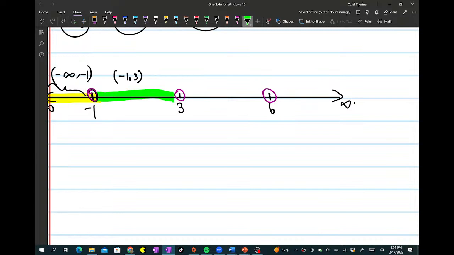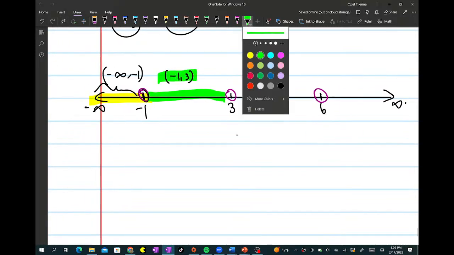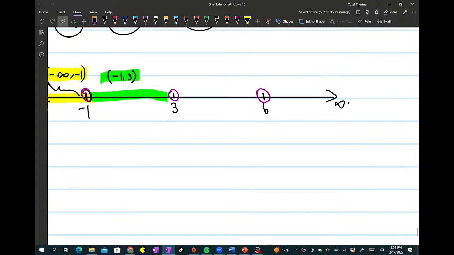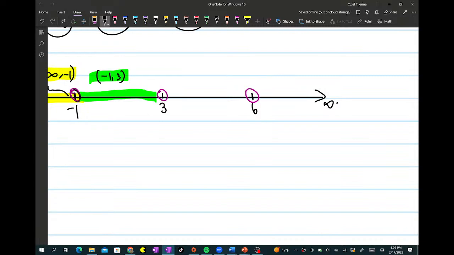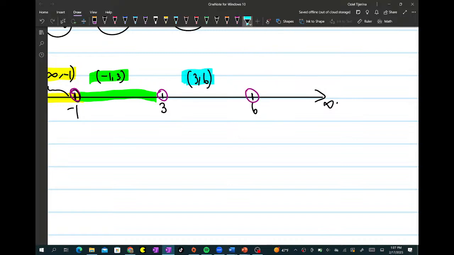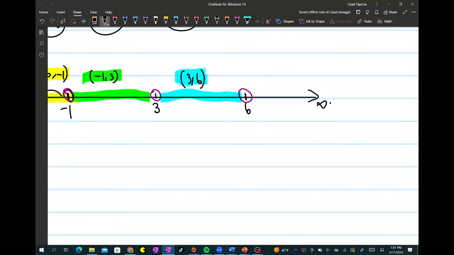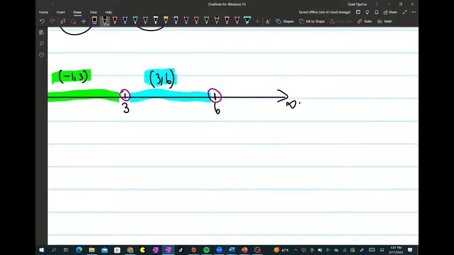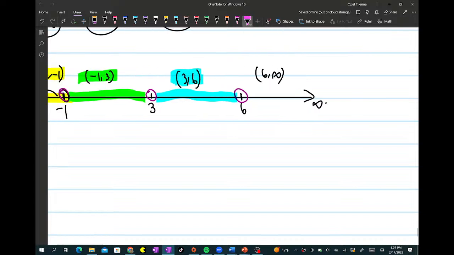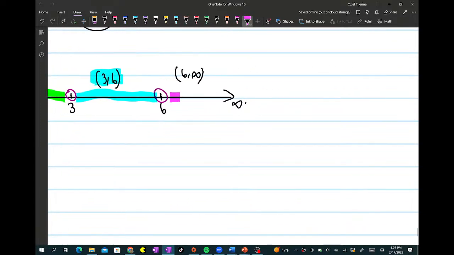Then 3 to 6, parentheses 3, comma 6, which becomes yet another one. And then from 6 to infinity, parentheses 6 to infinity, which becomes one of its own as well. We can put this as this color.